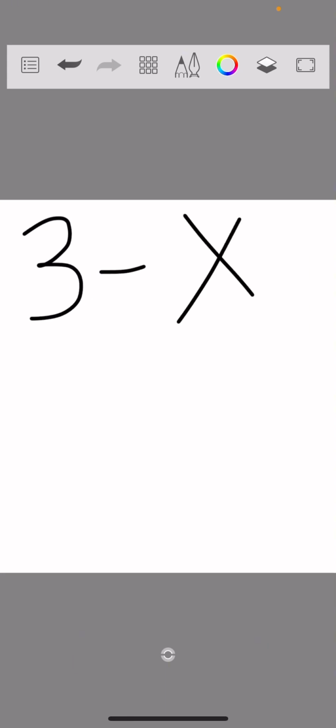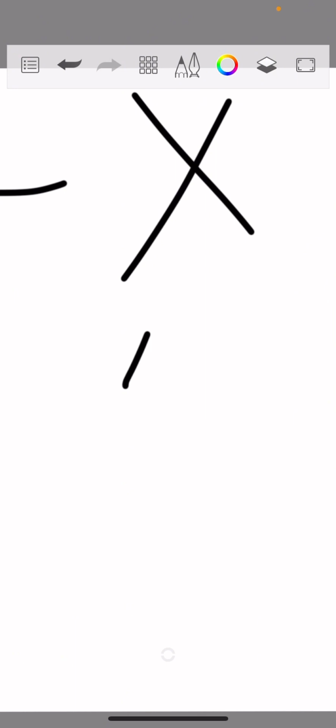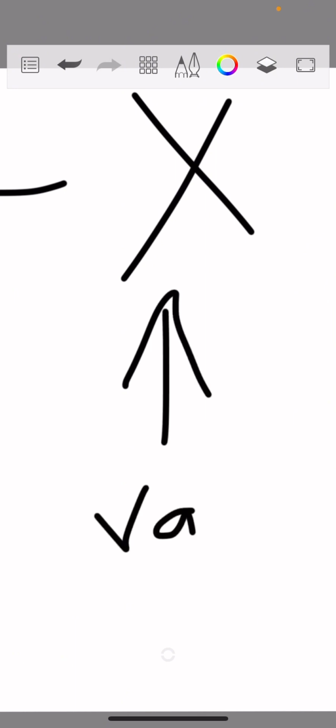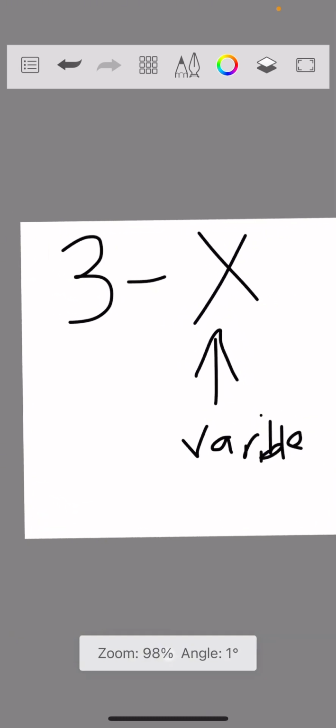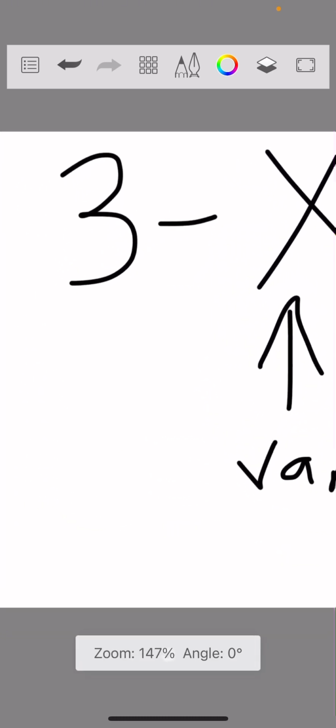3 minus x. So if you haven't seen the other video, x is a variable. I'm terrible at writing and spelling, but I'm pretty good at math.